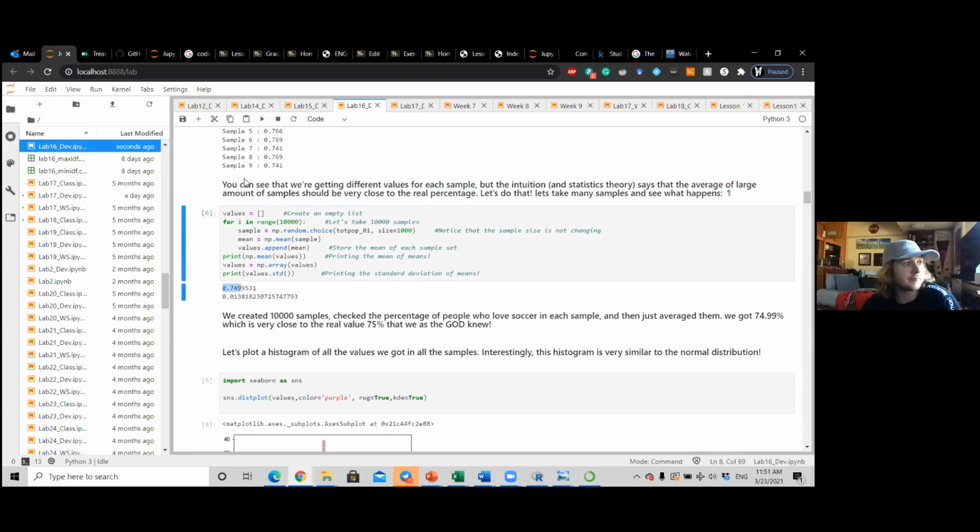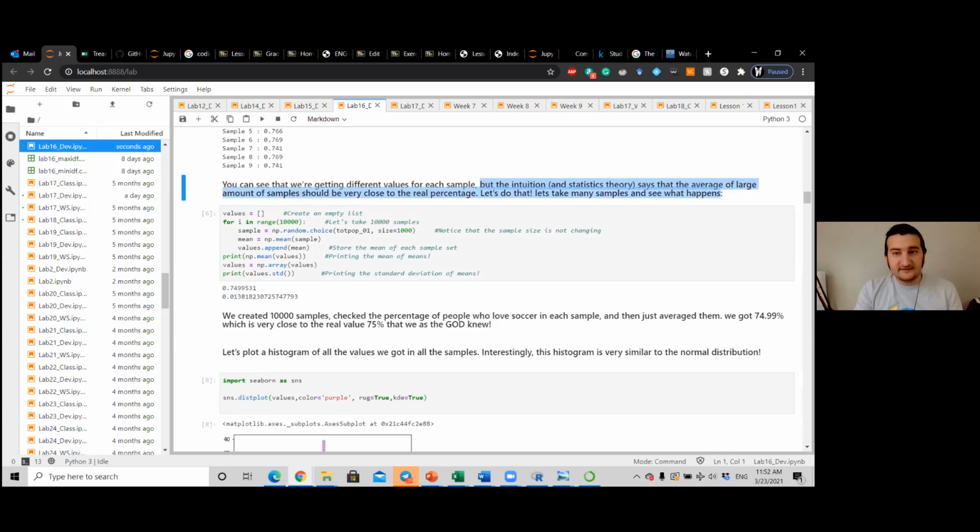Yes. So that was only to show you what this means. If we take a large enough number of samples with a big enough sample size, we will get close to the true average, or to the true population statistic.